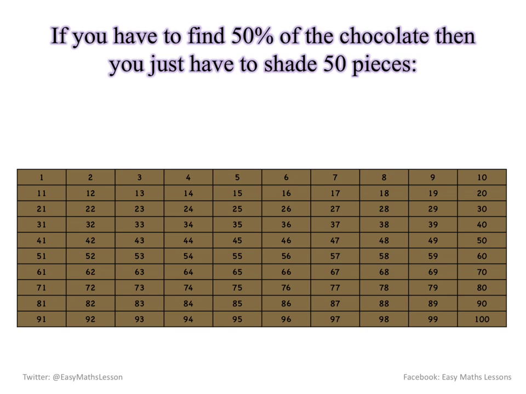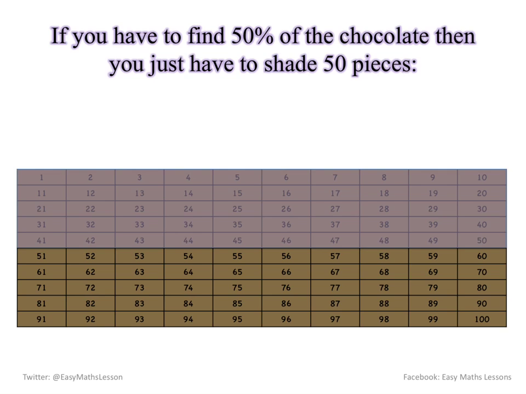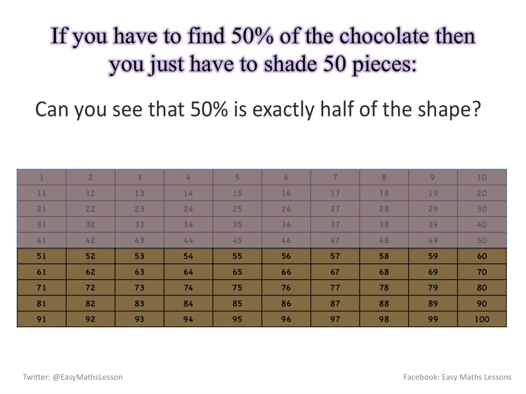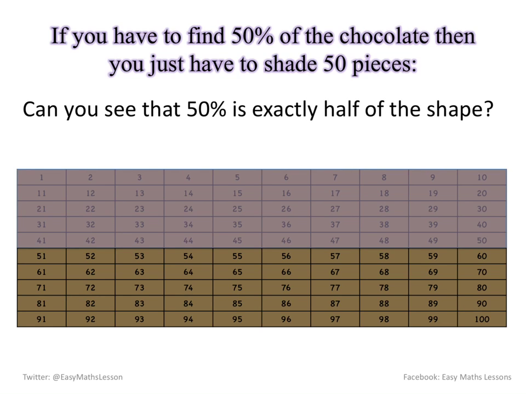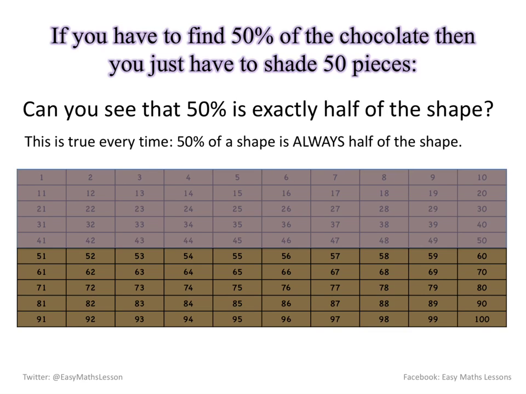Now, if I have to find 50% of this chocolate bar, then all I need to do is to shade in 50 pieces. There we go. So can you see that this is exactly half of the shape? Well, this will be true every time. If you want 50% of a shape, it will always be half of the shape.